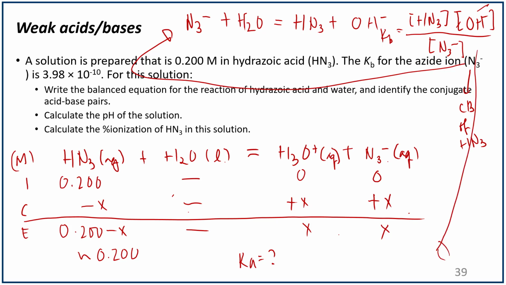But since we know that hydrazoic acid's conjugate base is the azide ion, then using Ka times Kb equals Kw, we can calculate Ka of hydrazoic acid using the Kb of the azide ion.